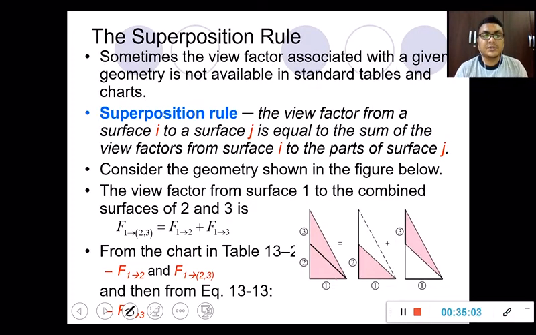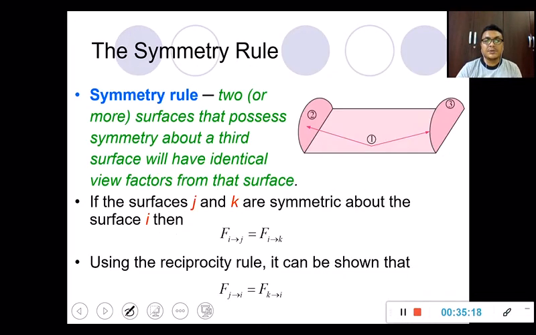Superposition rule: the view factor from a surface I to a surface J is equal to the sum of the view factors from surface I to the parts of surface J. And lastly, for the symmetry rule, two or more surfaces that possess symmetry about a third surface will have identical view factors from that surface.